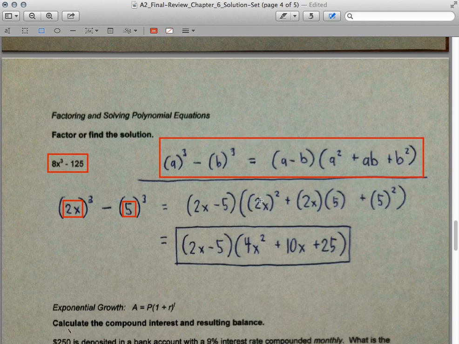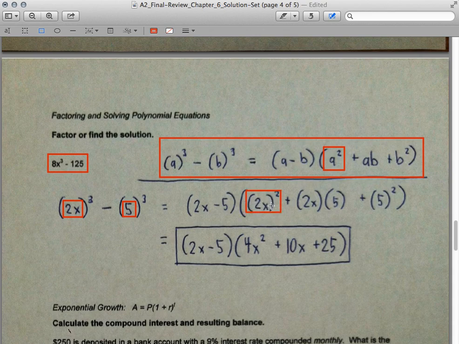I will point out that when you are looking at a squared, it is not simply adding an exponent of 2 to the end of our a value, it is the value of a squared. And as you can see here, the value of a is 2x.